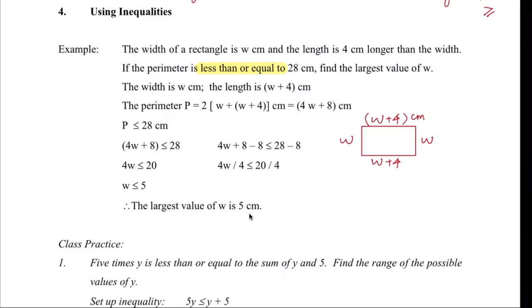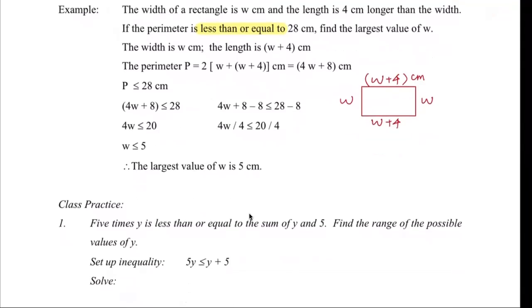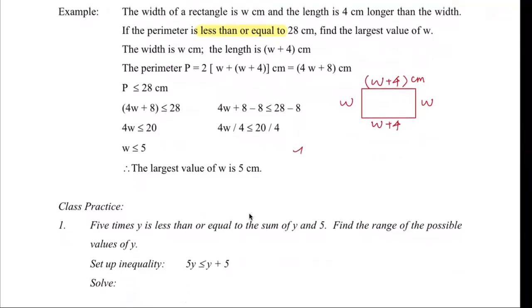We know how to find the perimeter of a rectangle, right? The perimeter of a rectangle is equal to 2 times the length plus the width.